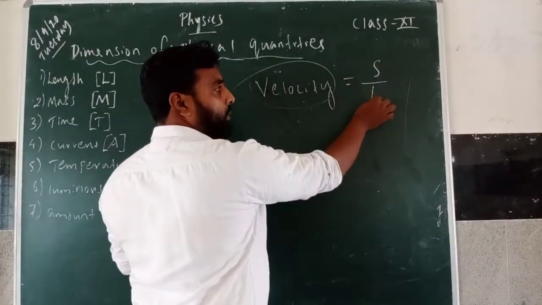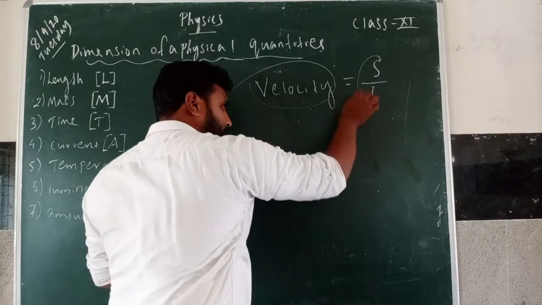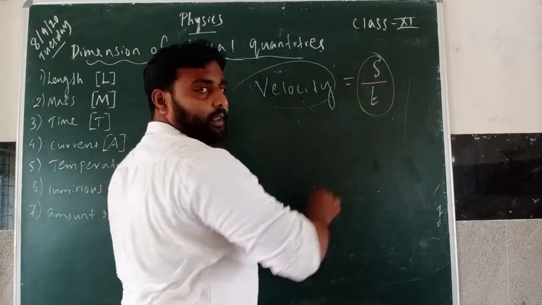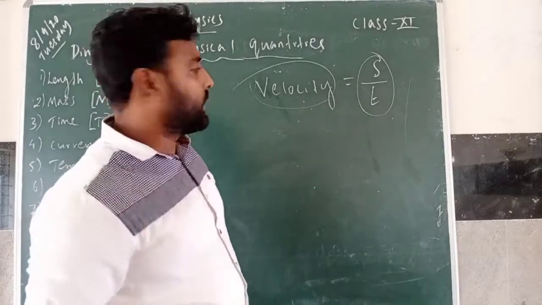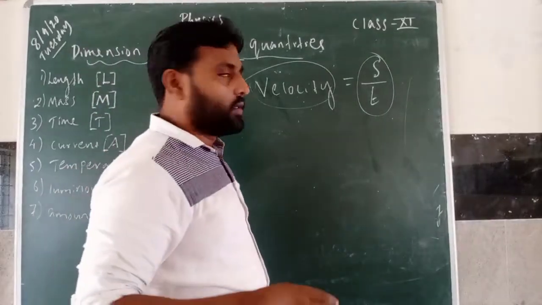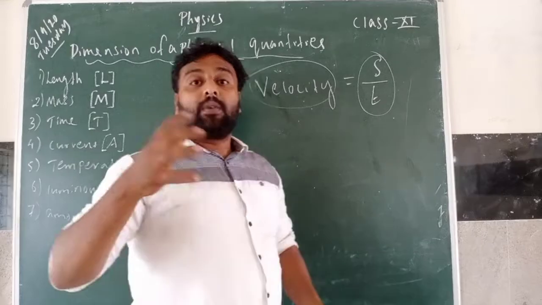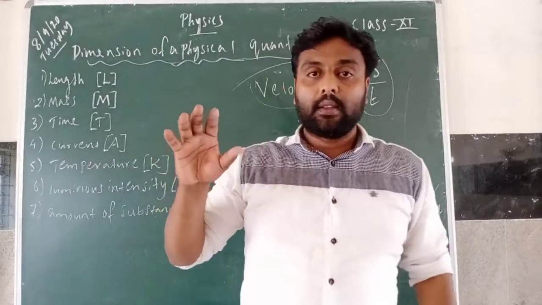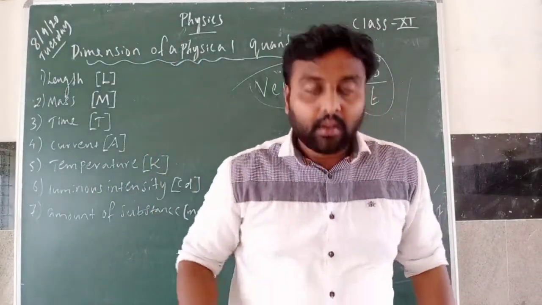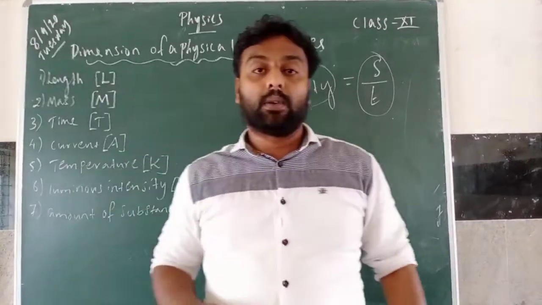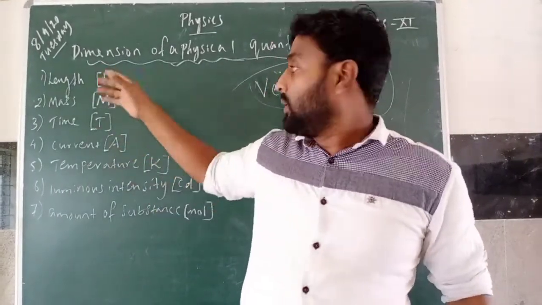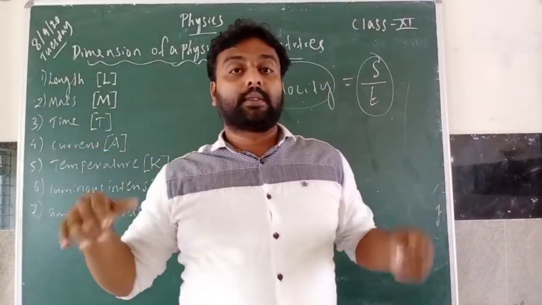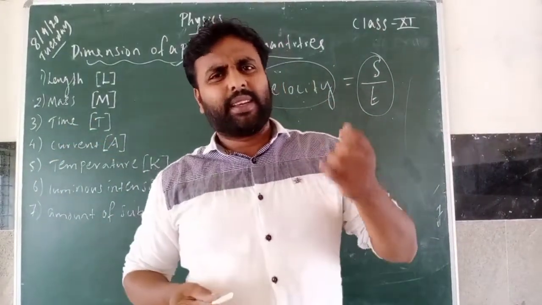So displacement by time: displacement is a fundamental quantity, time is a fundamental quantity. So we can add powers and represent this derived quantity velocity. I will tell how later when we are solving some problems. You will understand more about this. It is a very simple topic.